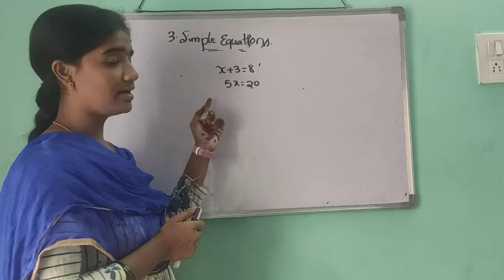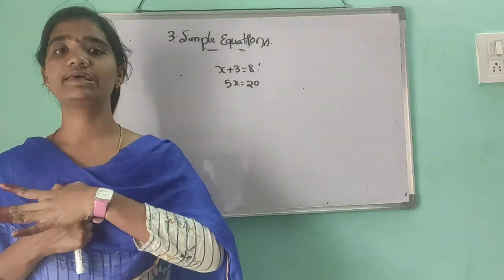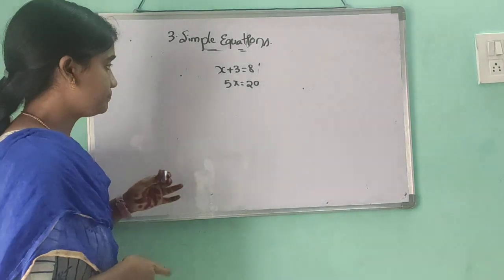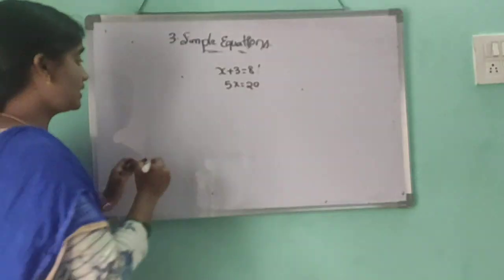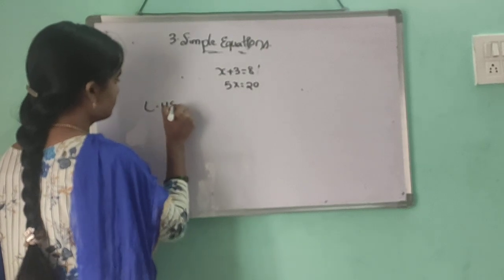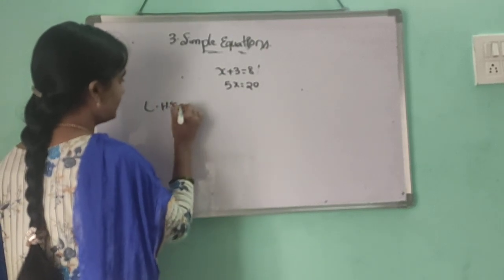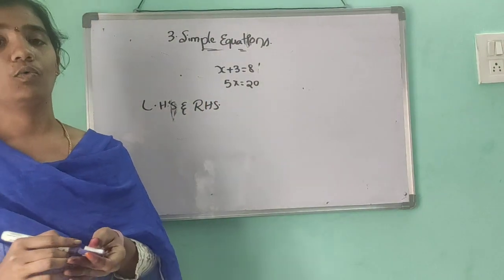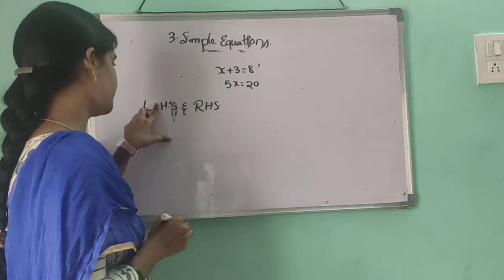So what are the LHS and RHS of an equation? What do LHS and RHS mean?